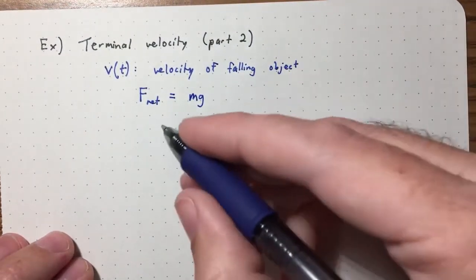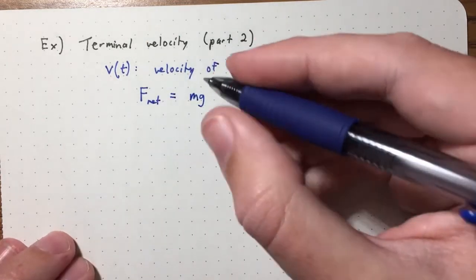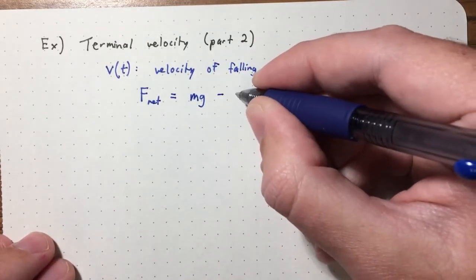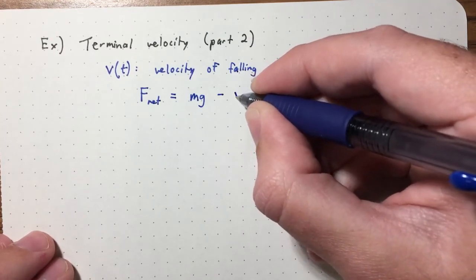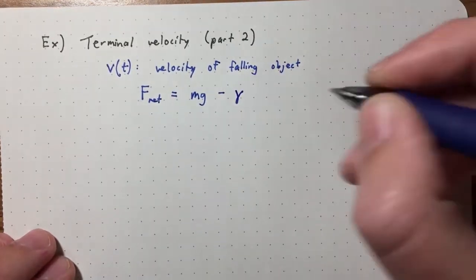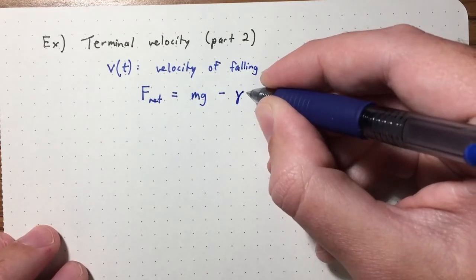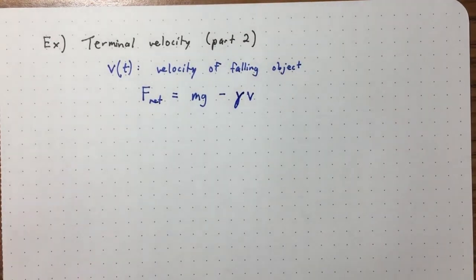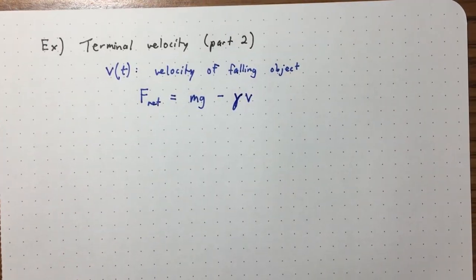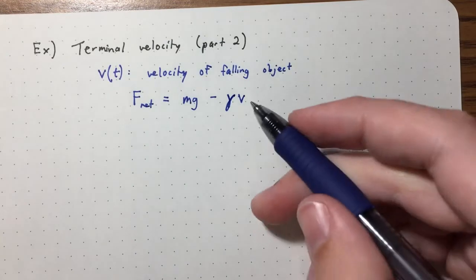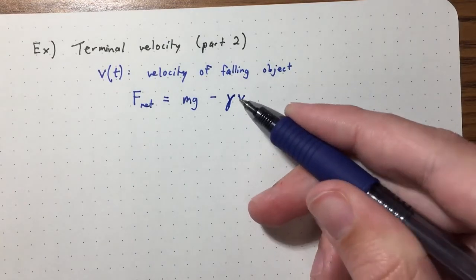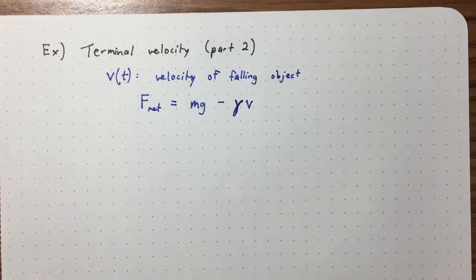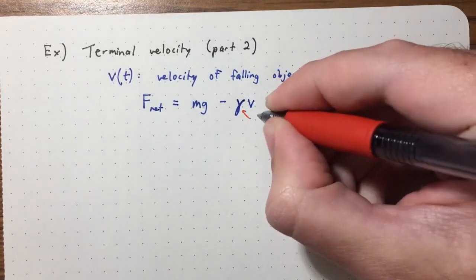We're saying the downward direction is positive, so let's have positive mg. And then we had a force due to air resistance opposing the motion. So we had some constant proportionality times v, gamma v. That's because we were assuming the air resistance was proportional to the velocity, but in the opposite direction. This gamma we called the drag coefficient.